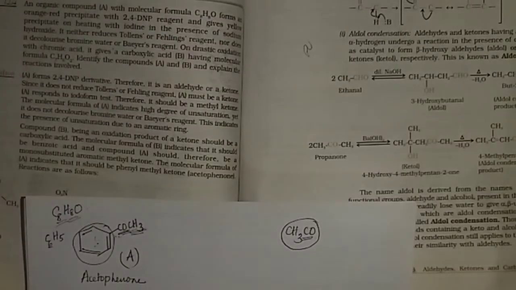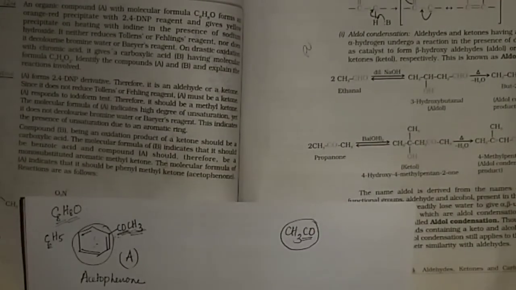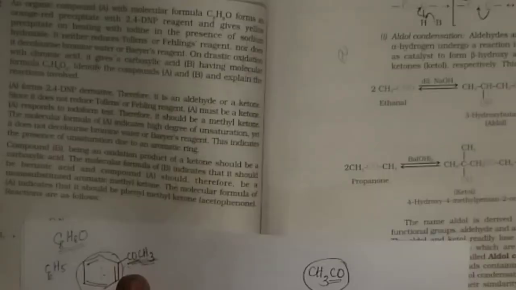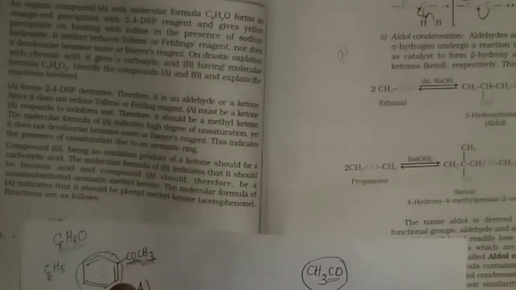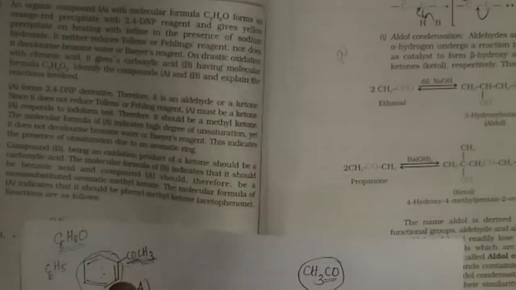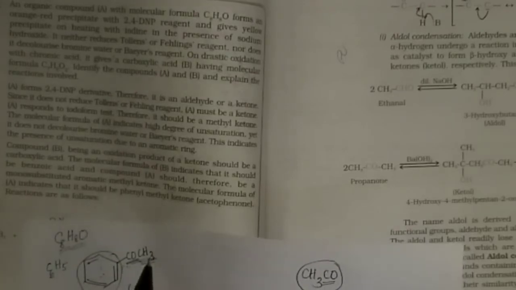Then from the next sentence we can identify that it does not give Tollens' or Fehling's reagent test, so it is a ketone. Heating with iodine and NaOH, we get a yellow precipitate of iodoform, so we can assign that it consists of a COCH3 group, a methyl ketone group. And it does not react with Baeyer's reagent and bromine water, indicating an aromatic ring. Then our compound A is an aromatic ring with the COCH3 group.